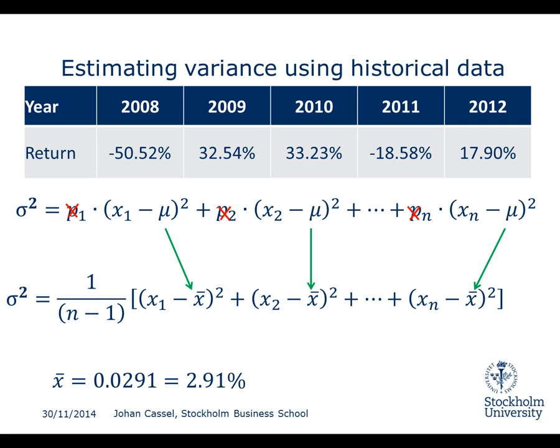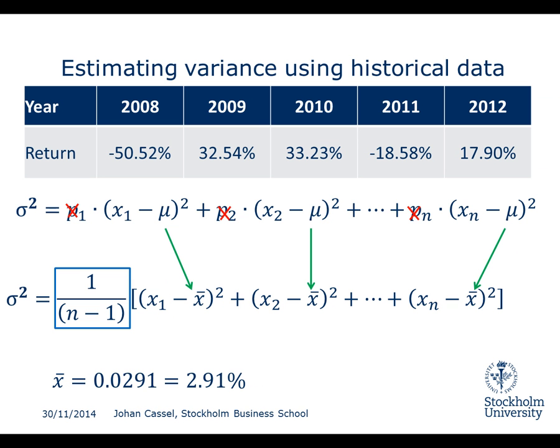Then we ignore all the probabilities because we don't know the probability of the outcomes that actually happened. Instead, we're going to divide by n minus 1. And why divide by n minus 1 and not by n? It's a fairly technical thing which I'll leave for your statistical courses later. But that's how you do it anyway, usually.